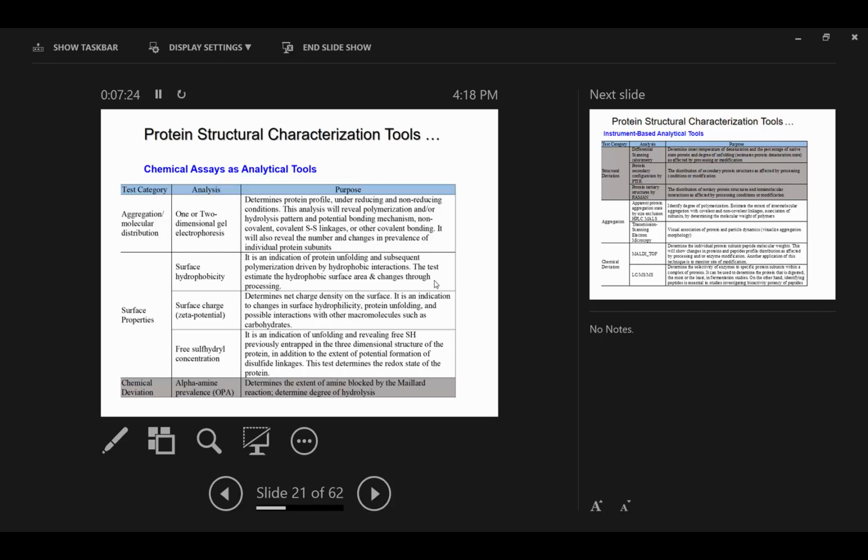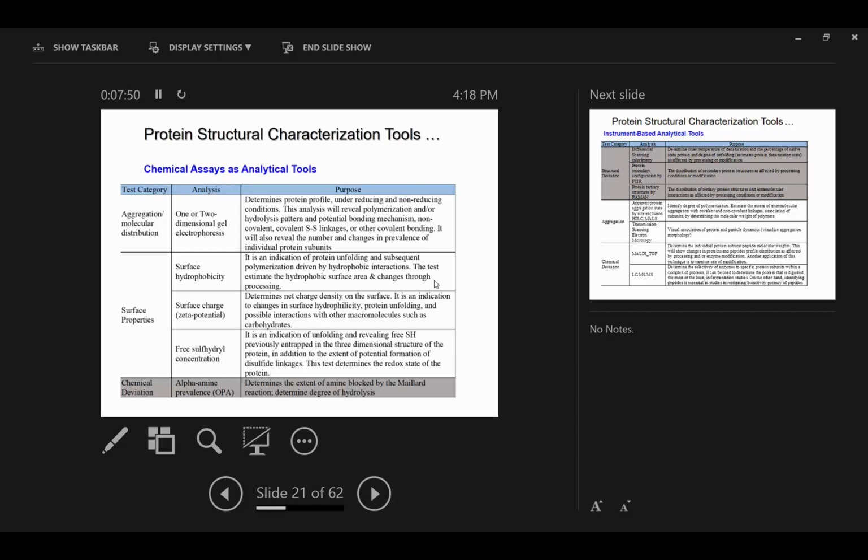You will have samples that have been incubated with a reducing sugar, and you know from your chemistry that a reducing sugar's carbonyl group will react with a primary amine group and block it. So this reaction allows you to determine the extent of blockage, and so the extent of glycation.